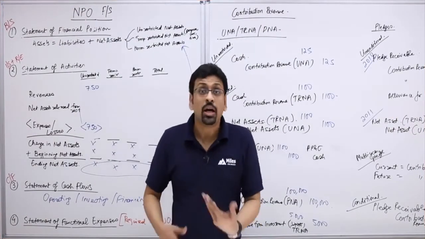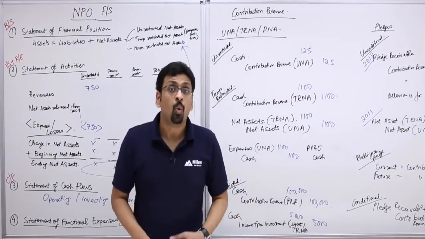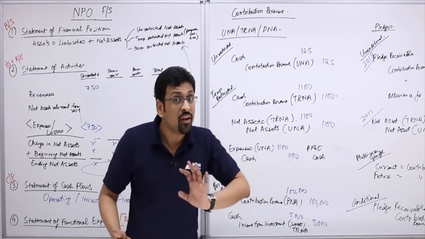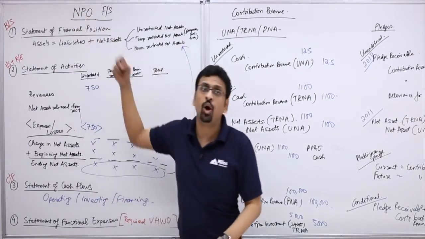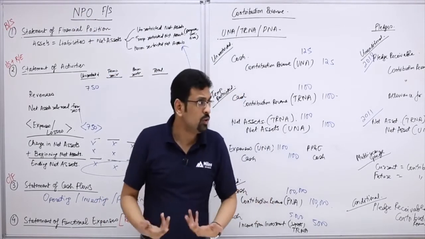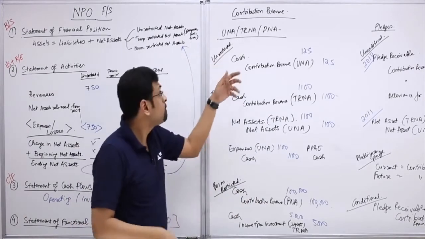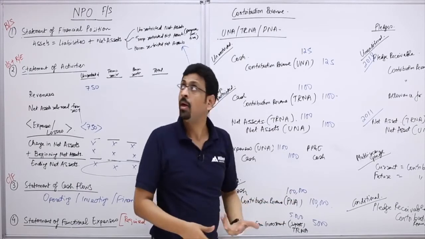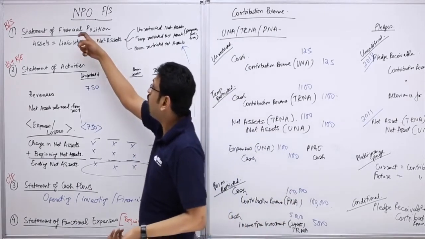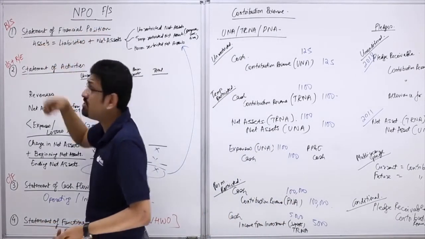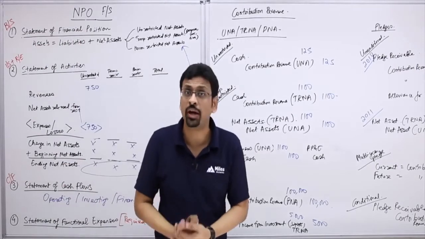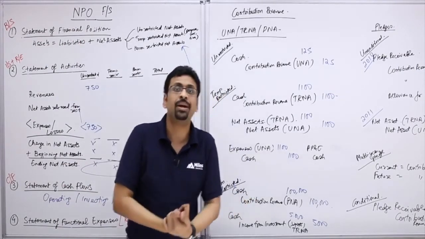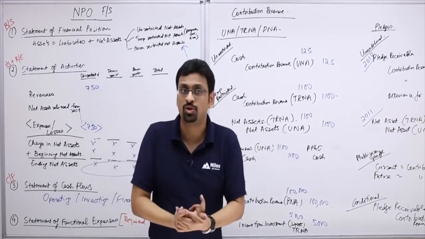Now let's talk about a few accounting considerations that you need to remember when you're doing financial accounting and reporting for not-for-profit organizations. Now we know we are using GAAP accrual accounting. We've talked in depth about contribution revenue recognition. Now, if you look at the statement of financial position under assets, you're going to have marketable securities here. So you could have investment in stocks, investment in bonds.